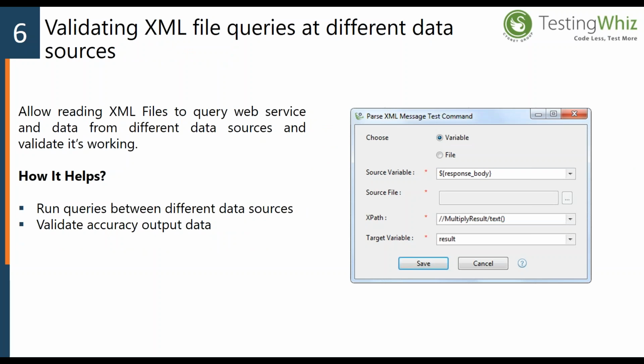If you have an XML file which you want to validate for any kind of result, then you can upload that file, give that file path, and validate that XML file with whatever expressions you want, and you can store them into a variable, and then move on with the test case. So XML file validation is also extended with the help of the parse XML command.